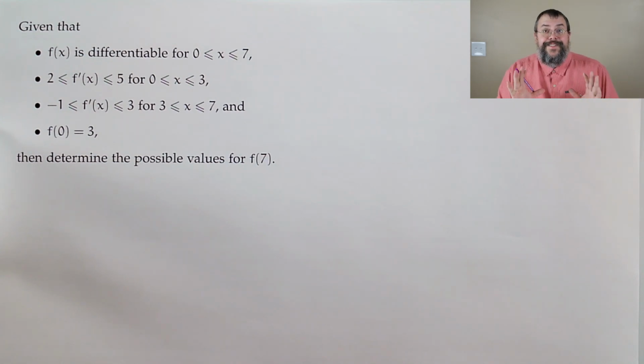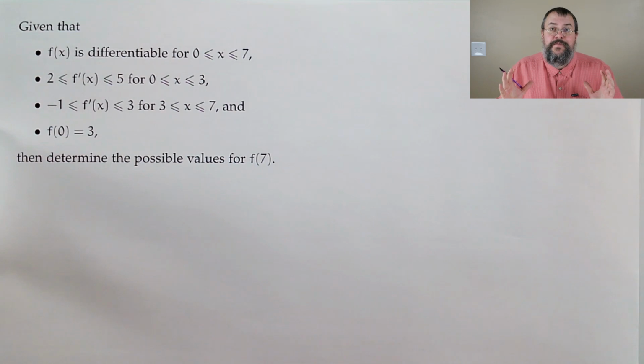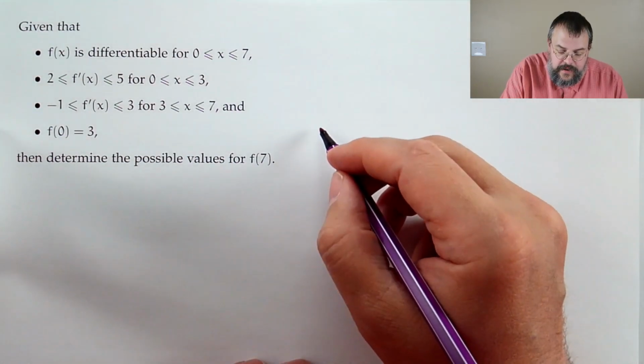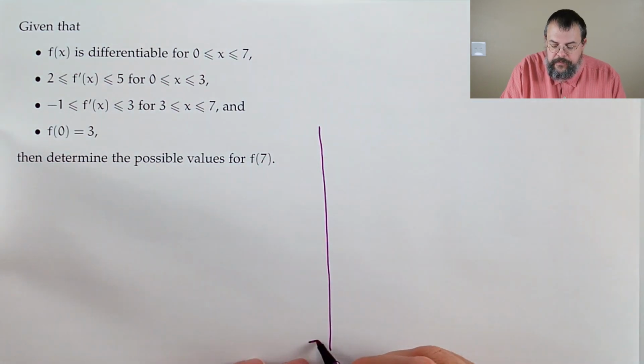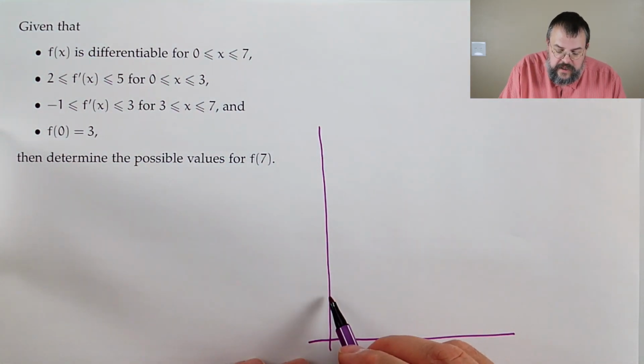All right, so how does the mean value theorem come into play? Well, let's think about our intuition, and then let's see if we can justify our intuition. So we're going to do a quick sketch here. Let's say this is at 3.